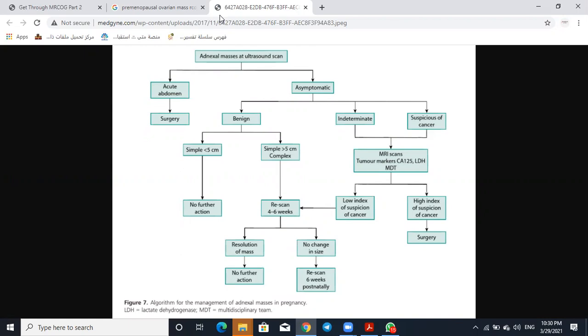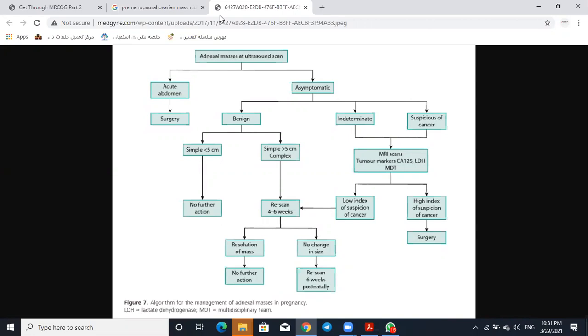Okay, this is the other chart. Adnexal masses on ultrasound. It is either asymptomatic or acute abdomen. Acute abdomen, so we will go for surgery. Asymptomatic, it is either benign, suspicious for malignancy, or intermediate. If it is benign, simple, less than 5 centimeters, no further action.